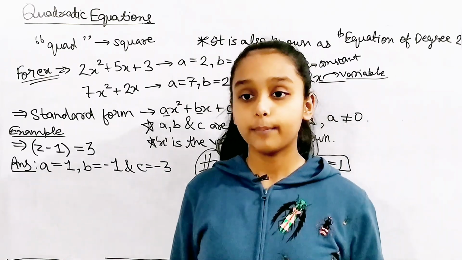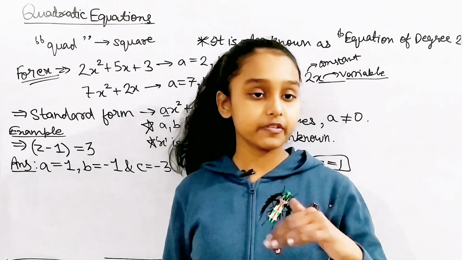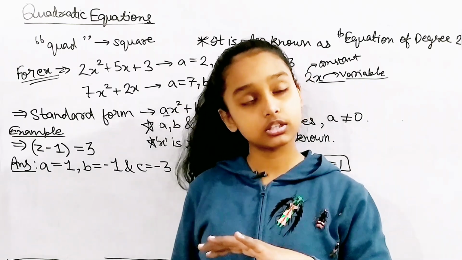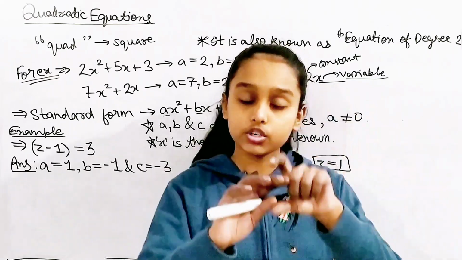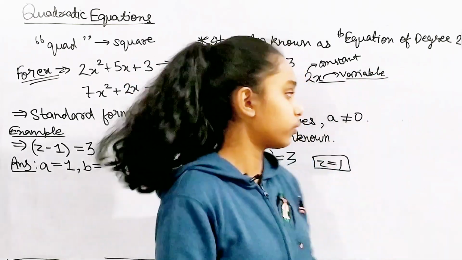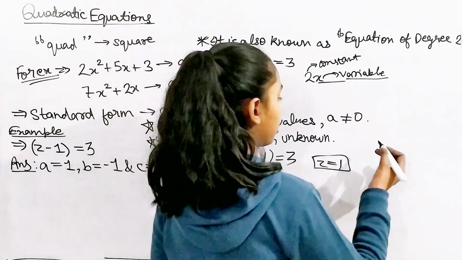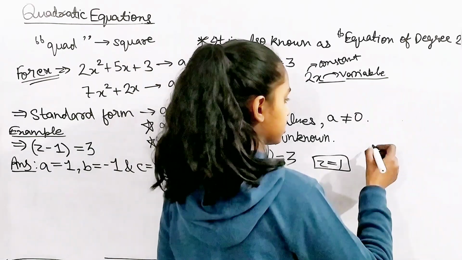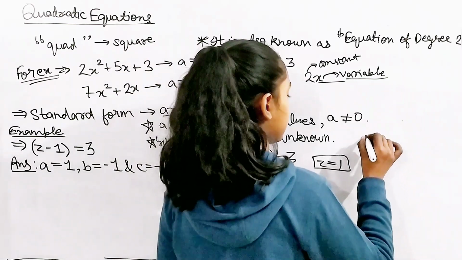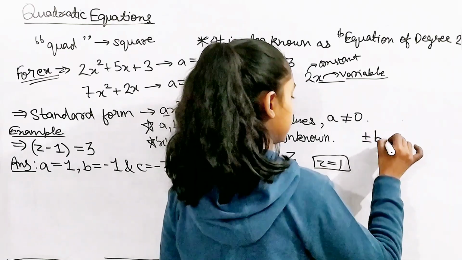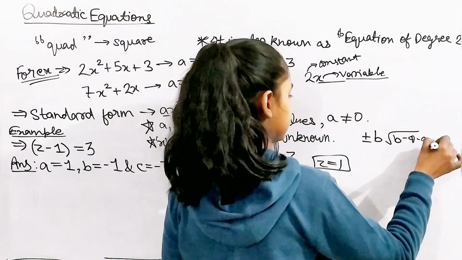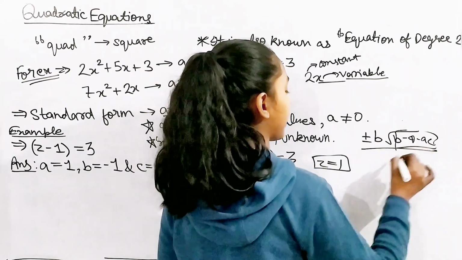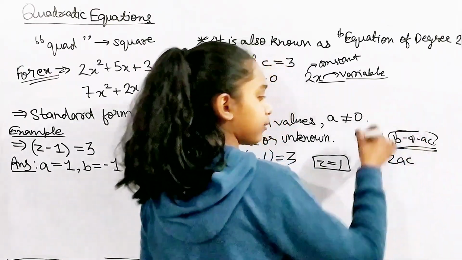In this chapter, the quadratic formula is directly given to us, which is something like this. I actually haven't seen it, but it was something like plus minus b under root b squared minus 4ac, all by 2a.